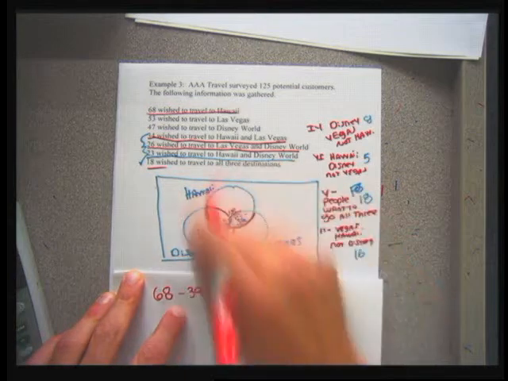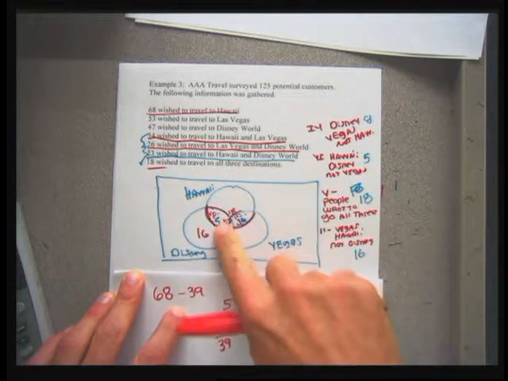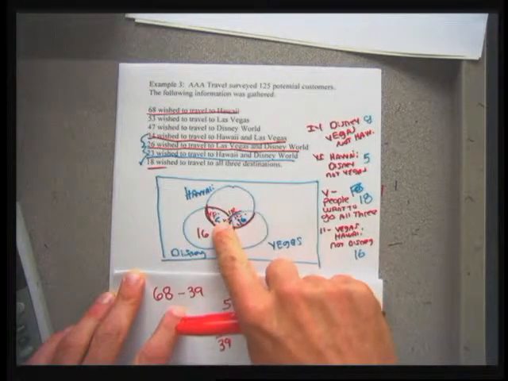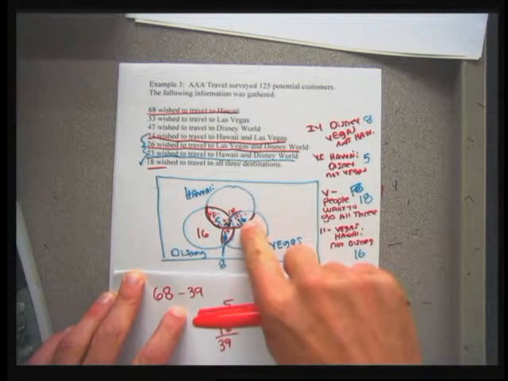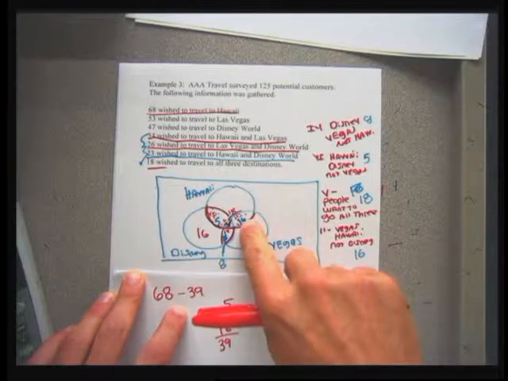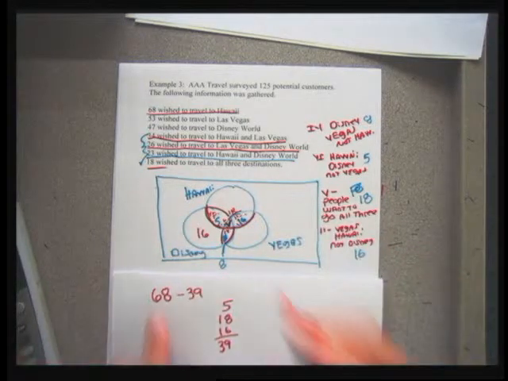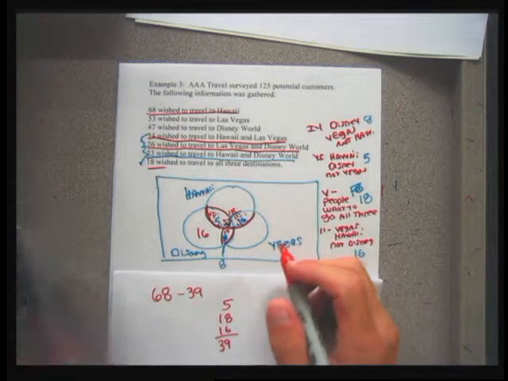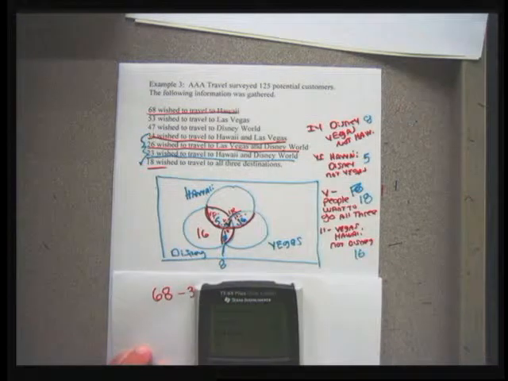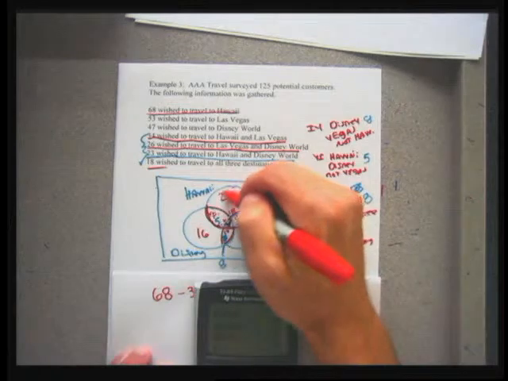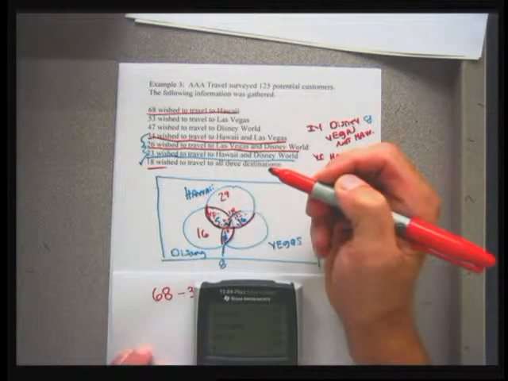So the Hawaii circle has 4 parts. It has the parts Hawaii and Disney, but not Vegas, the all 3, the Hawaii and Vegas, but not Disney. I'm going to subtract the parts that are in there already from the 68. And I'll go 68 minus 39, and I'll get 29. The rest of the Hawaii circle is going to be 29.